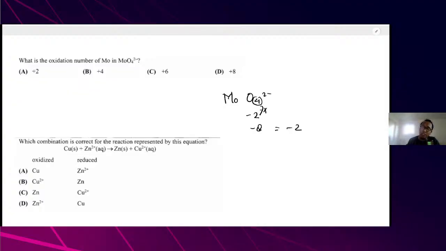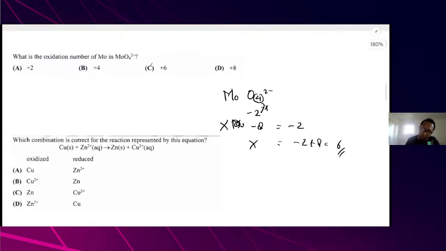Let's calculate for molybdenum, Mo. You can use an equation with x: x minus 8 equals minus 2, so x is plus 6. The answer will be 6.